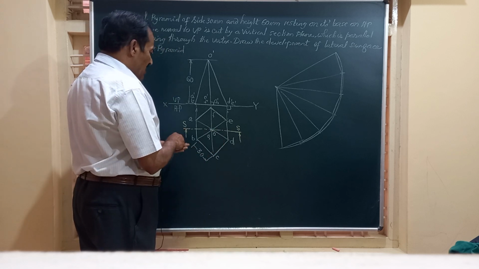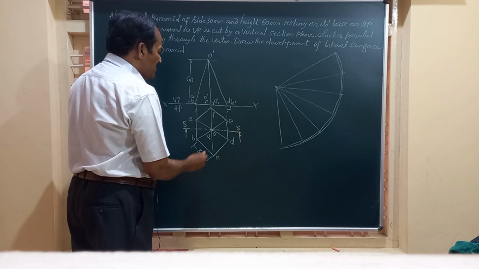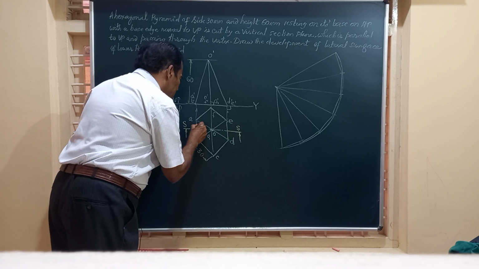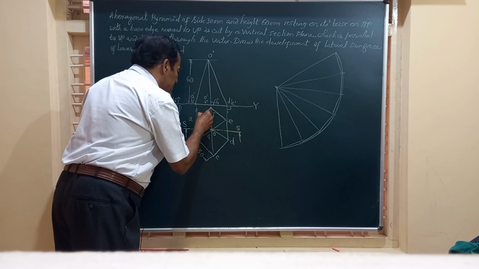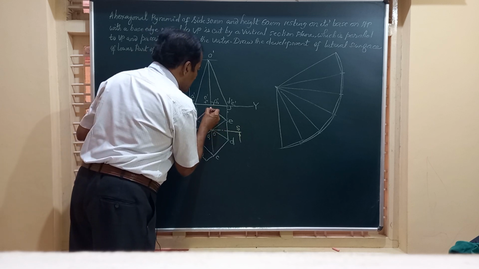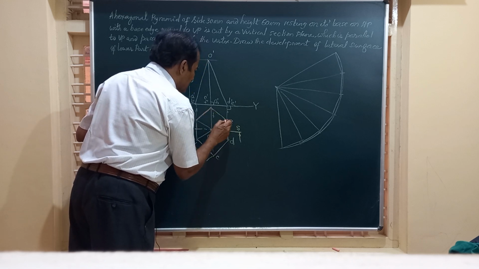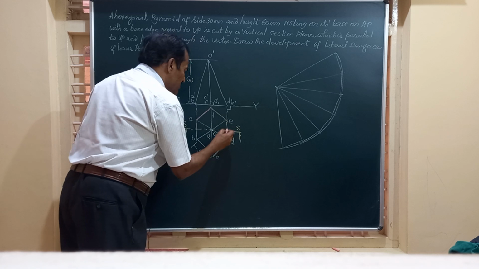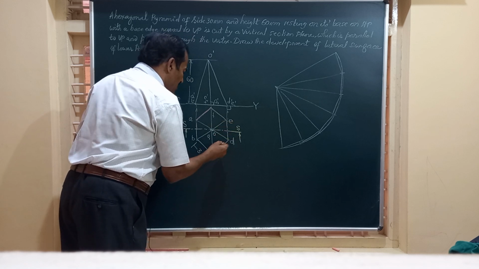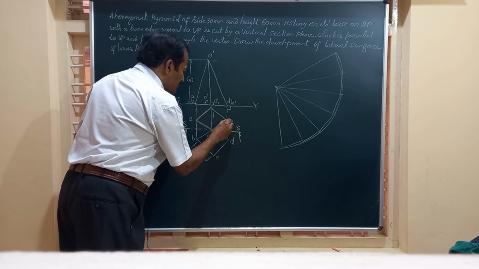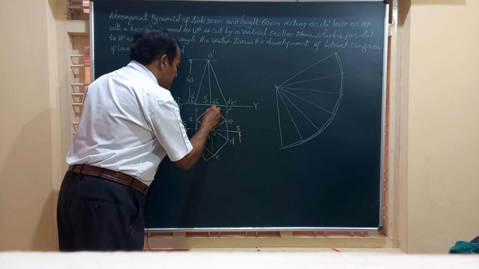Now after marking this section plane which is parallel to VP, let me show the portion that is retained for the purpose of drawing the development of the solid. So this part of the solid is now retained for the purpose of drawing the development.